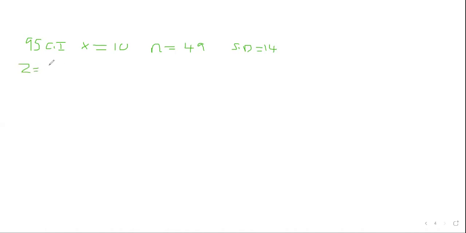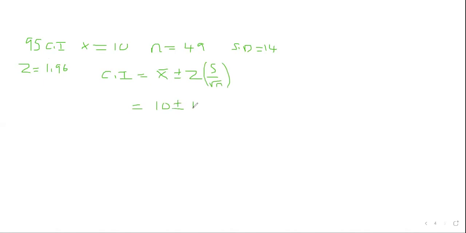Who can remember? 1.96. So to calculate the confidence interval, who can tell us the formula? X bar plus minus Z. You can even leave out the alpha over 2. Sometimes it looks ugly. It may be simpler like this.